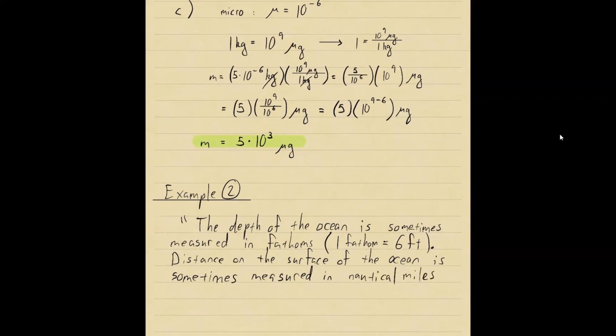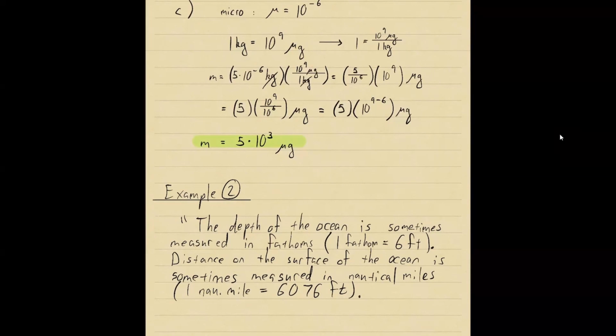The problem also tells us that 1 nautical mile is equal to 6,076 feet. Okay.